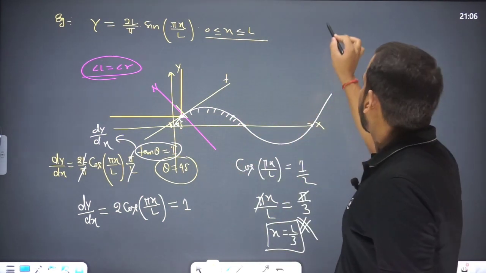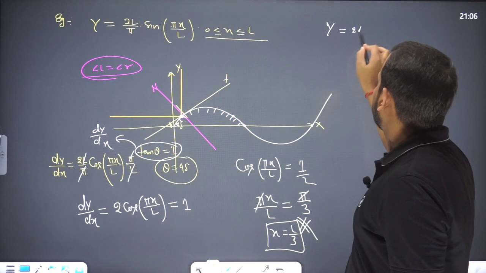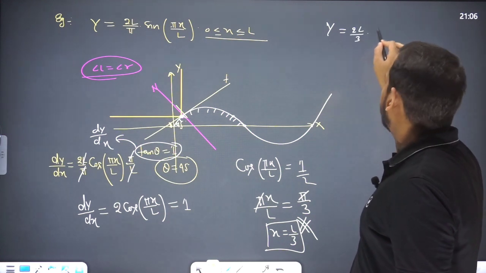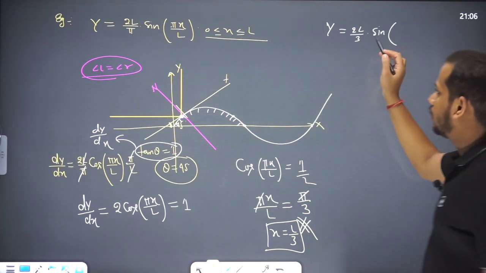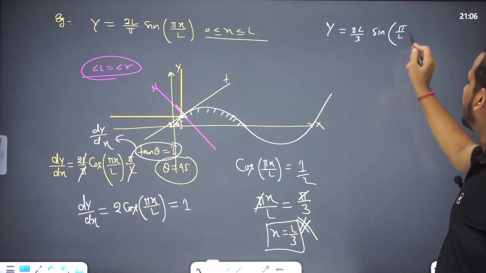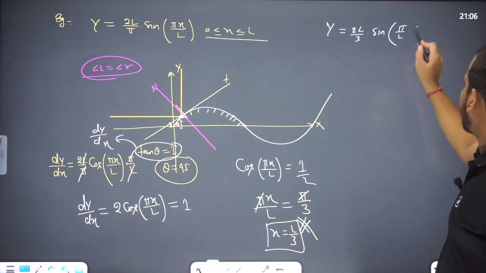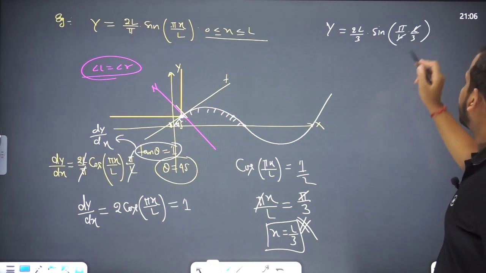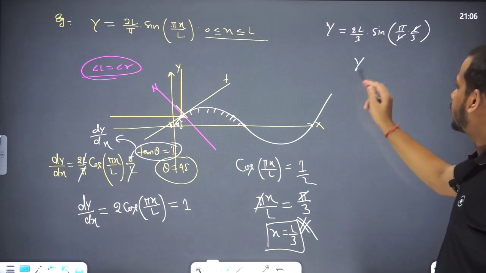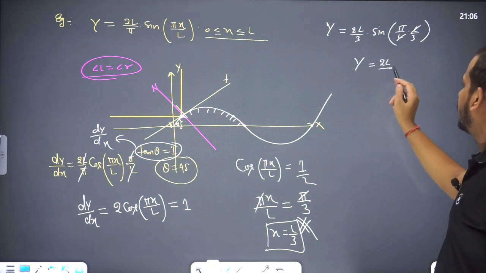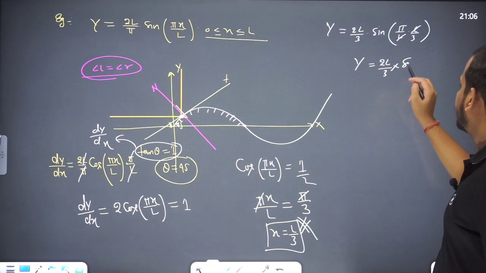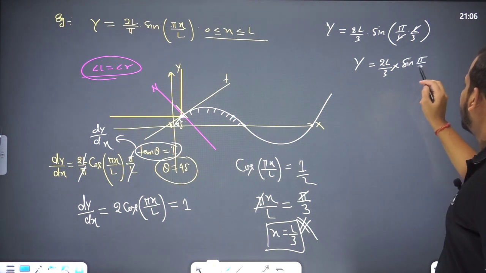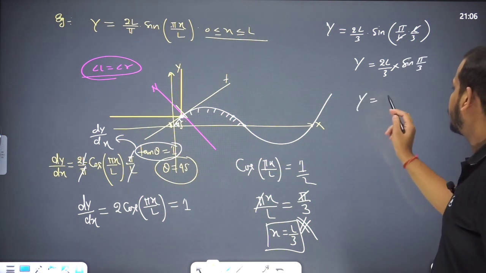If the x coordinate is L by 3, then what is the y coordinate? Let's put it here. The y is equal to 2L by pi into sine pi by L into x, and x is L by 3. So L will be cancelled out with the L, there is 3. So y is equal to 2L by pi into sine pi by 3. What is sine pi by 3? It's root 3 by 2.